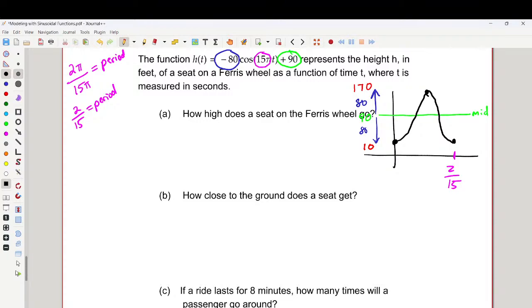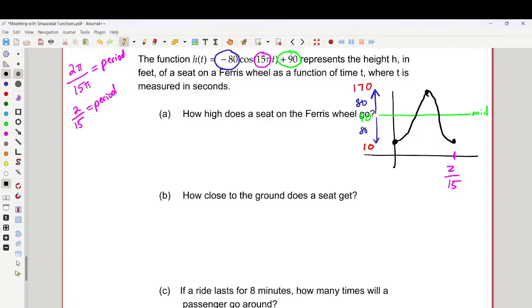Because from there, I know how much I'm going to go up or down. Then I go to the inside stuff. I figure out the period using the formula. And if there's a phase shift, that's where you're going to start. Well, on a negative cosine graph, that's where I would have started the minimum value. But there isn't a phase shift, so I know it's starting right there.